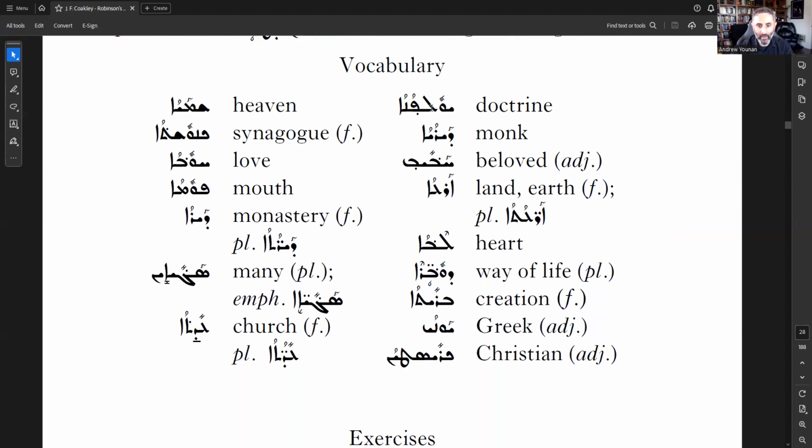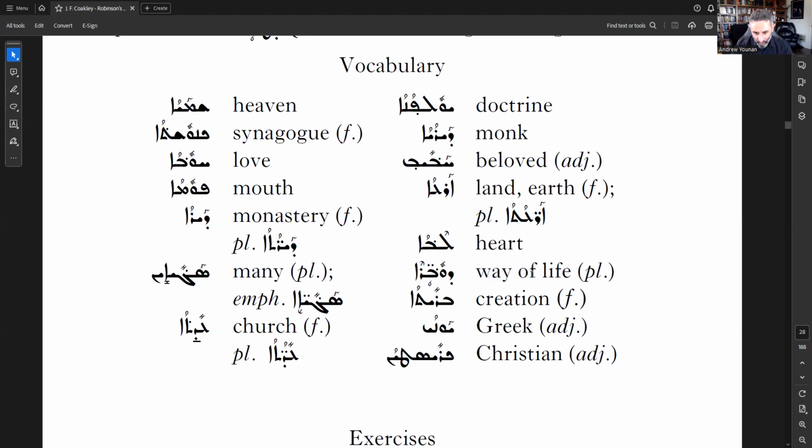Vocabulary: yulpana, doctrine or teaching; deiraya, monk; habiwa, beloved; ar'a, land. The plural is ar'atha, so lands, if you have many lands that you own or something like that. Libba, heart. Dubare is a way of life or maybe manners, if you want to keep the plural meaning here.